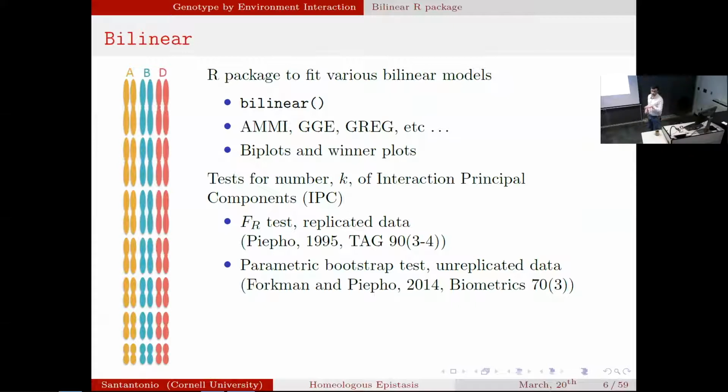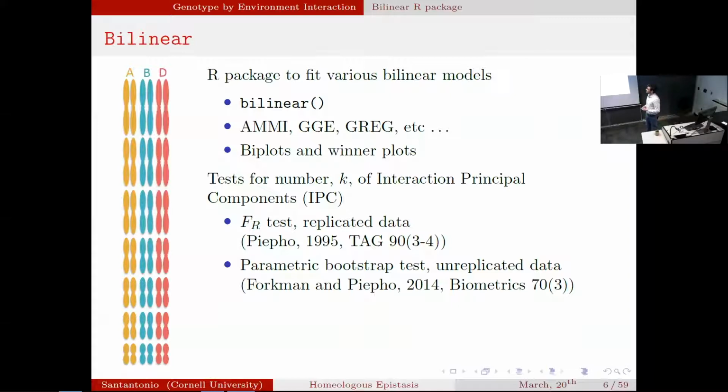But when we don't have replicated data, we can use a parametric bootstrap method that was developed by Forkman and Piepho. And so I've implemented these in this R package because at the time there were no R packages that would fit these. And I think that now there's a GGE GUI or something like that. It's a graphic user interface, but it is in R.